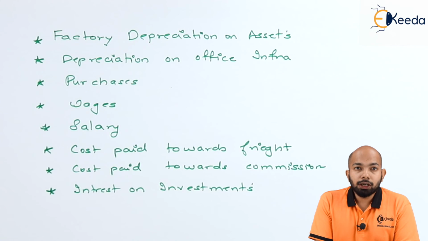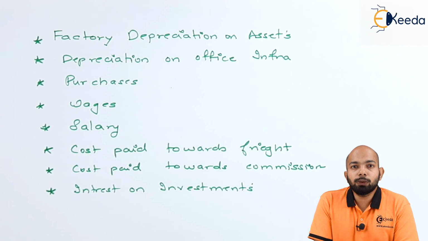So as I've jotted down certain items for you, we'll go ahead and classify whether each is a part of the trading account or the profit and loss account, and if it is a part of the profit and loss account, whether it is operating or non-operating. The first thing: factory depreciation on assets. These are assets purchased for production of items in the factory.